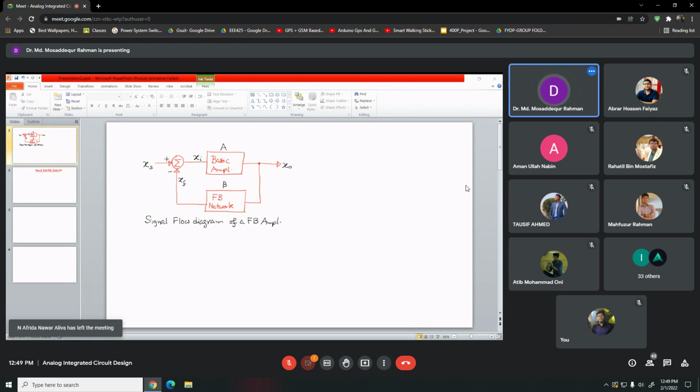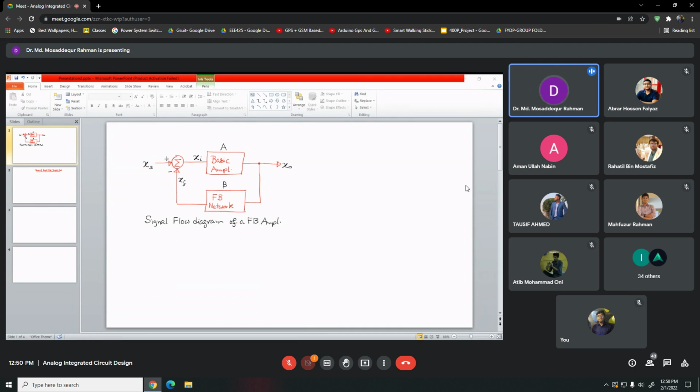And our overall gain, which is also known as the gain with feedback, AF, is the ratio of the output signal divided by the source signal XS. So that is our overall gain, or gain with feedback, because that also includes the feedback network.